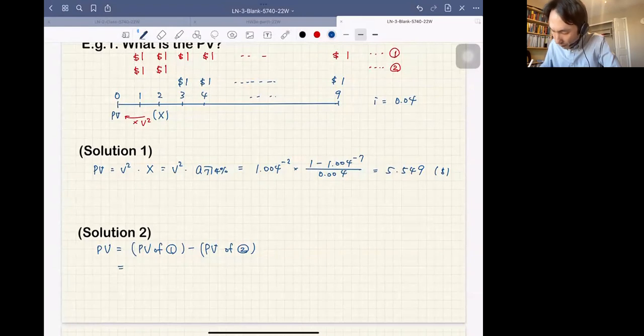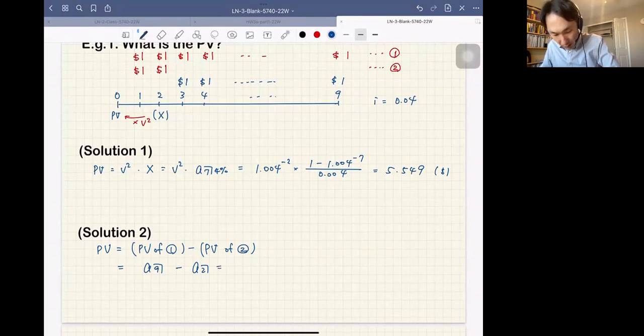And the present value of 1 is exactly a-angle 9, and the second one is a-angle 2. So we don't have any complications such as multiplying by v squared, and it's just a9 minus a2.